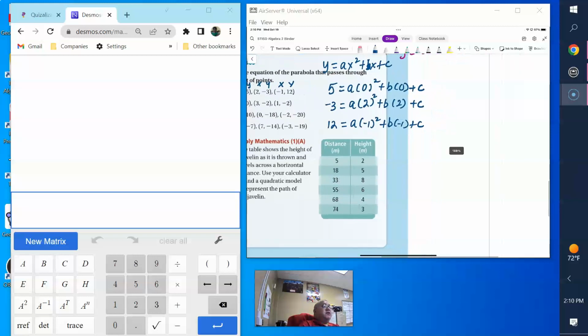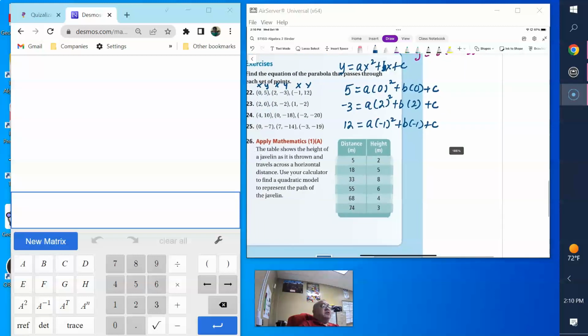So with this information, we're able to set up a system of 3 equations with 3 variables. And we want to find a, b, and c. So the first equation is 5 equals 0a plus 0b plus c, since those two were 0.